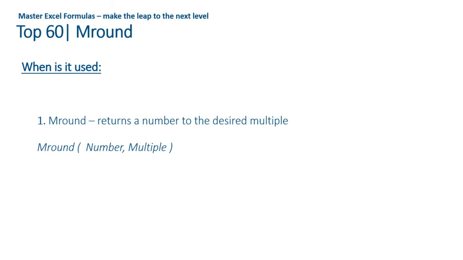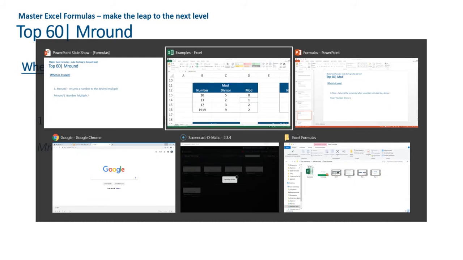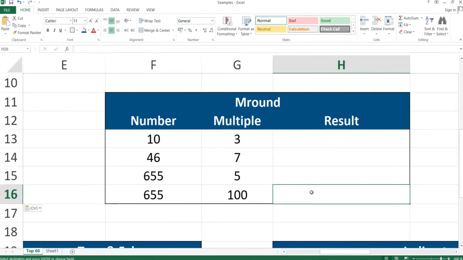The next formula is MROUND. This is a pretty good formula and I really like it, and you will see why. First of all, what the formula does is it returns a number rounded to the desired multiple. It might sound a little confusing at the moment, but you will see what I mean when I give you the example here.